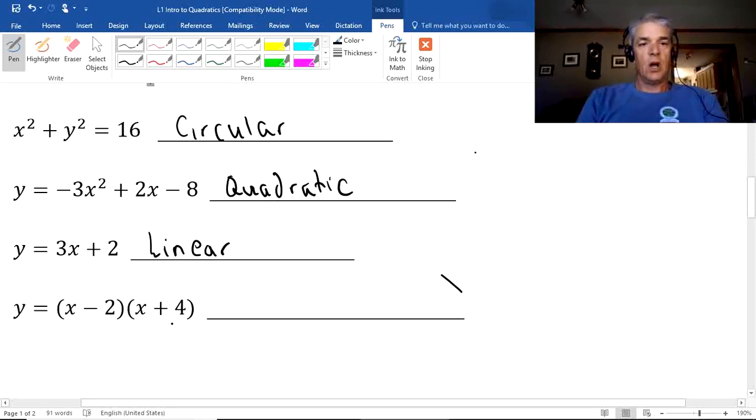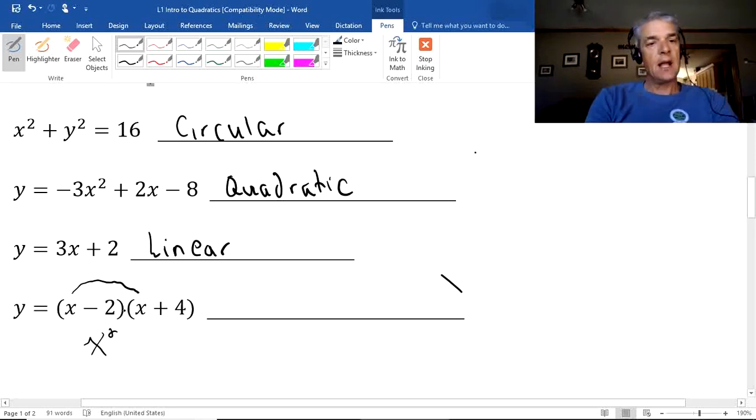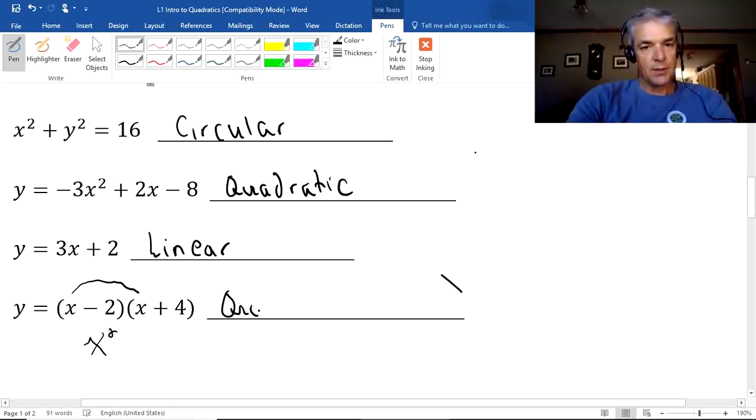If you recall correctly, we can multiply this through, and when we do, we end up with an x squared. I don't need to know anything else. As soon as I know that that multiplied together is going to give a squared term, that is going to give me a quadratic equation. Okay.